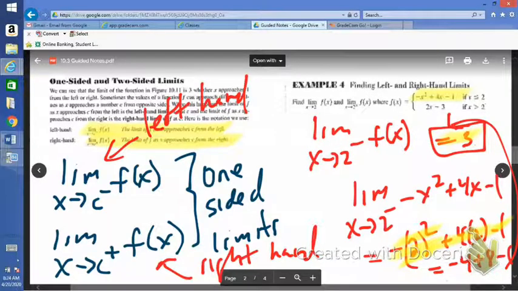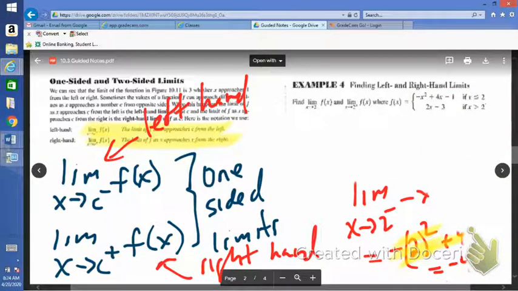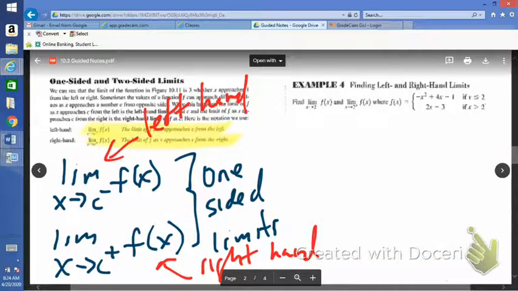Alright, now our right-hand limit. So the limit as x approaches 2 from the right of f of x. Now, what is our f of x going to be?